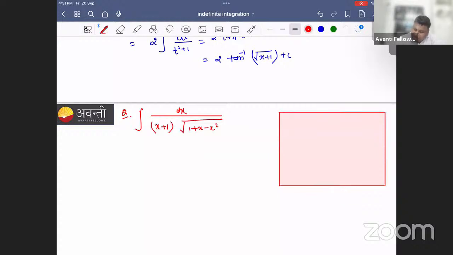If it is like integration dx upon ax plus b under root of px square plus qx plus r, of this type, linear outside, quadratic inside, then the substitution is that linear ax plus b, assume it as 1 by t.